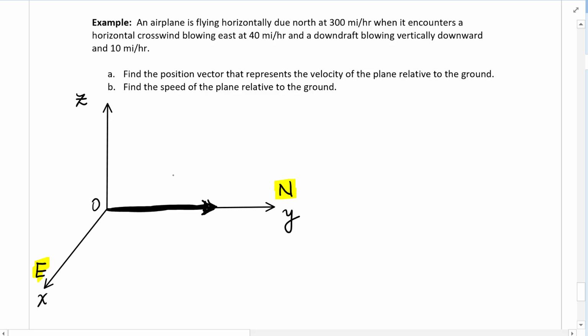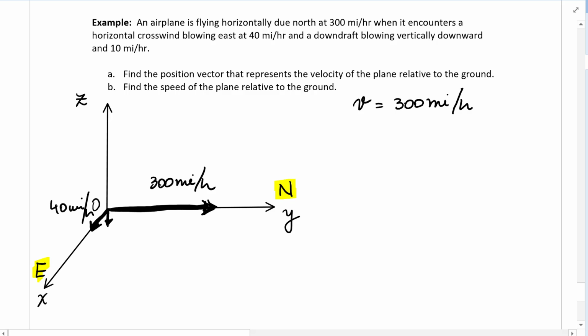This would be the speed, let's call it v. When it encounters a horizontal crosswind blowing east, this would be 40 miles per hour. And a downdraft blowing vertically at 10 miles per hour, so this would be this way, 10 miles per hour.